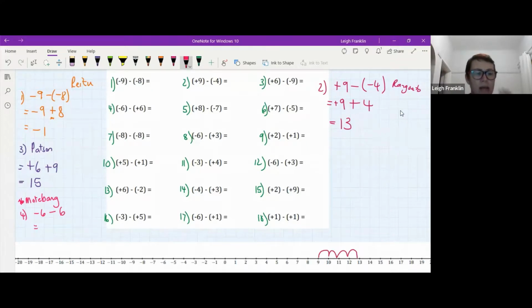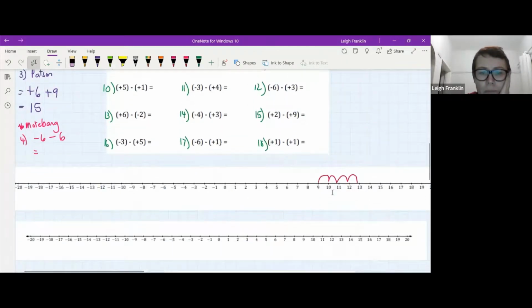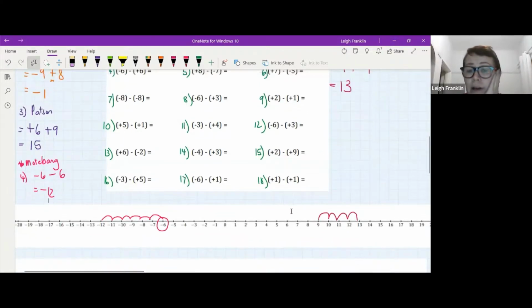Lovely. And where are we going to end up there, Motibang? -12. Beautiful. So we're sitting down here and we're going to move 6 places to the left. 1, 2, 3, 4, 5, 6. Lovely. Motibang, that's also very, very good. Well done. Nice work.